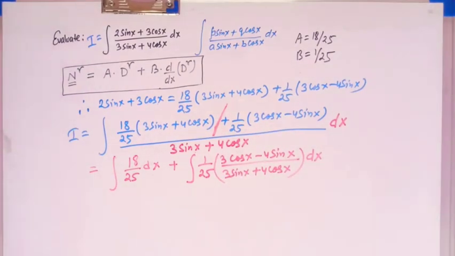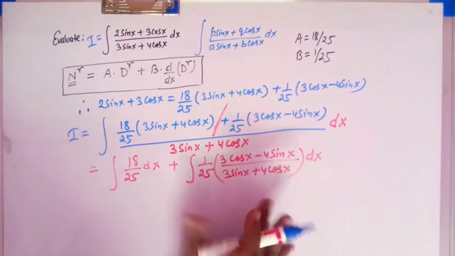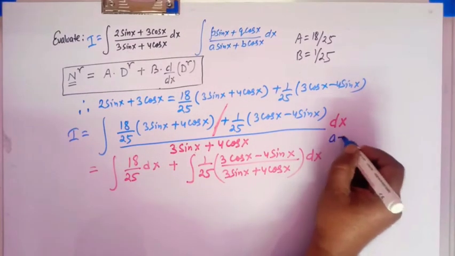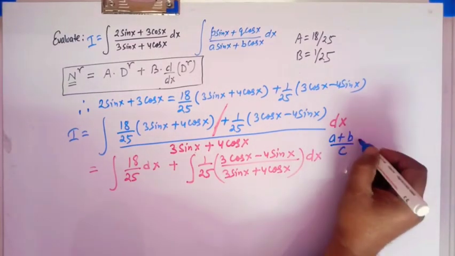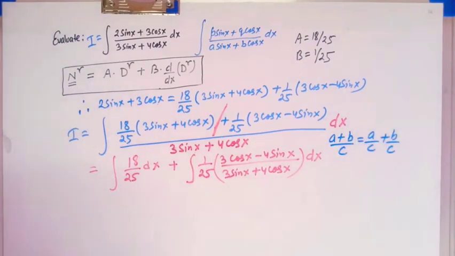So what we have done here is split this integral into the sum of two integrals, using the result (a plus b) over c is equal to a over c plus b over c.